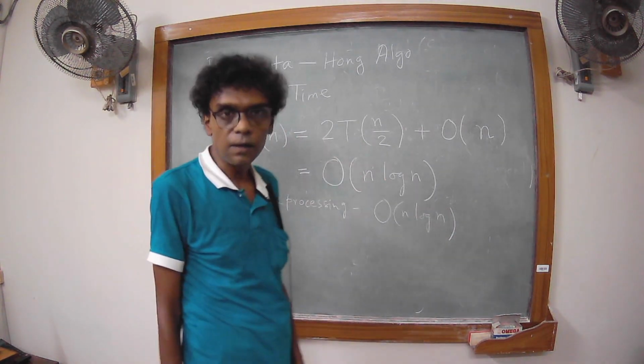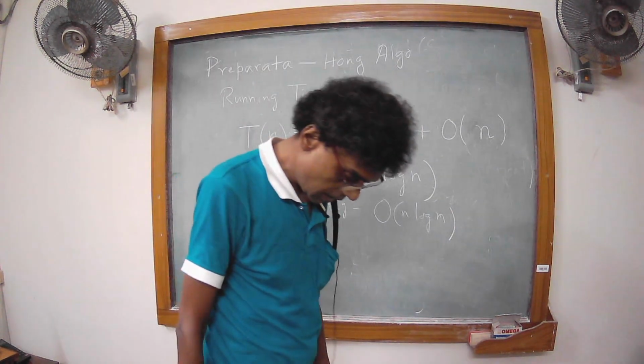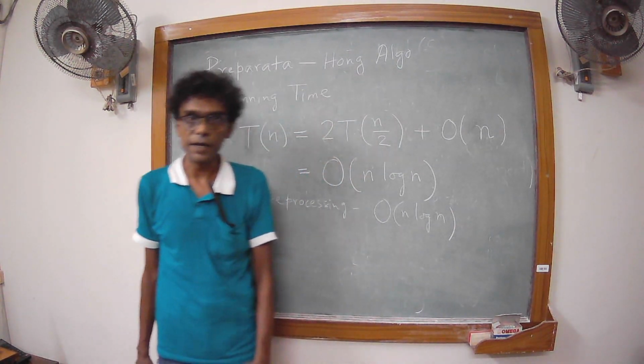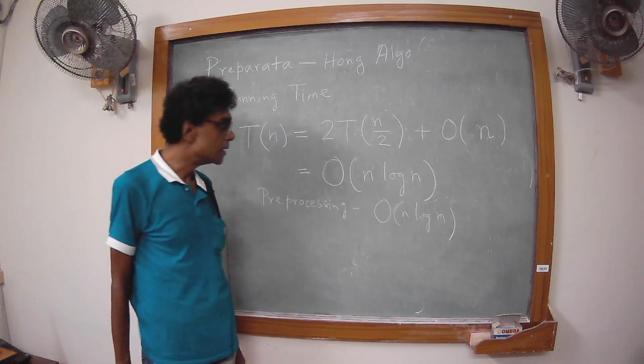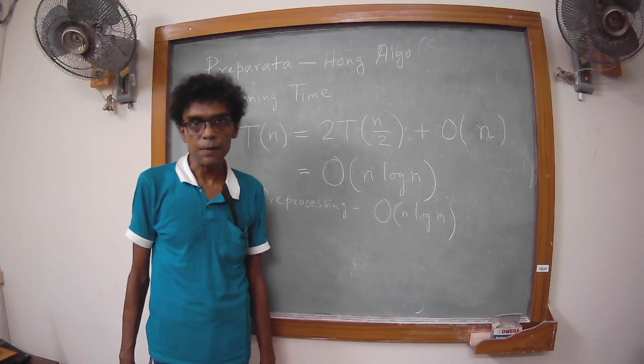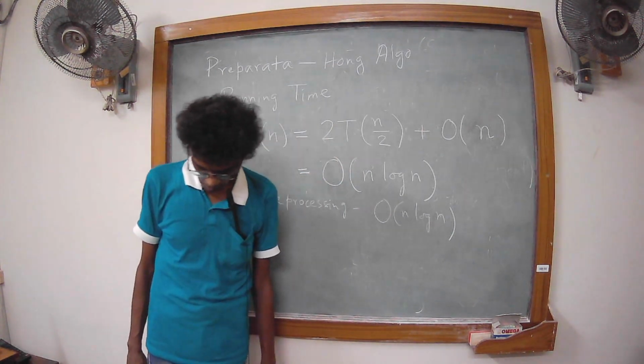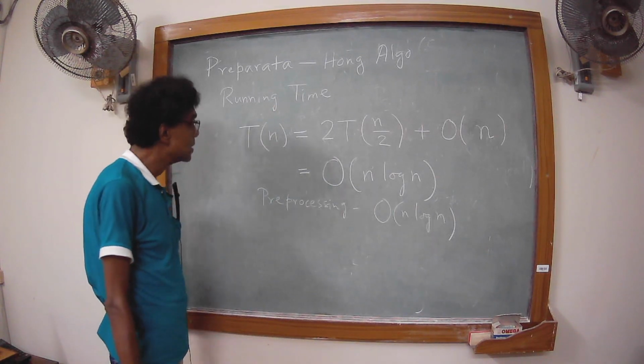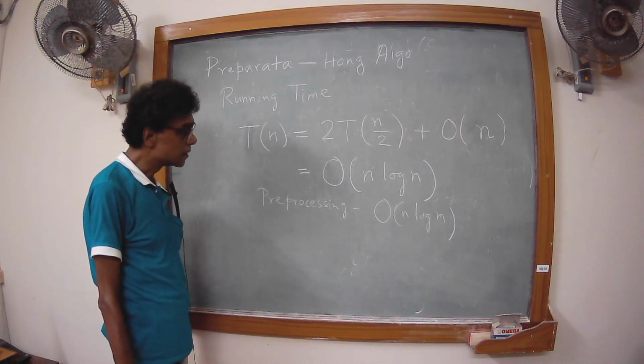So, the overall complexity is big O of n log n. So, this is yet another optimal algorithm for computing convex hulls.